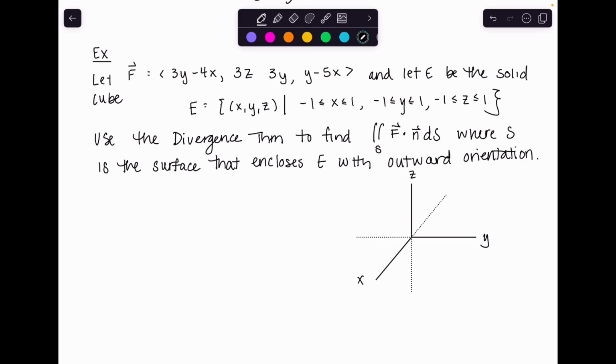So our x is trapped between -1 and +1, which say is right here. Same thing with y, and then same thing with z. So it is the cube that is going through all of these.